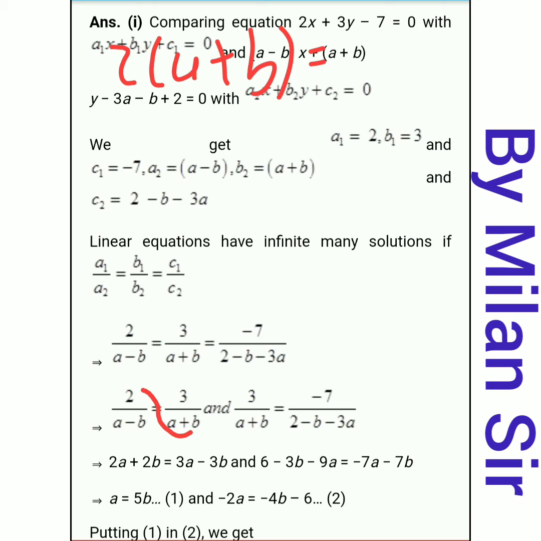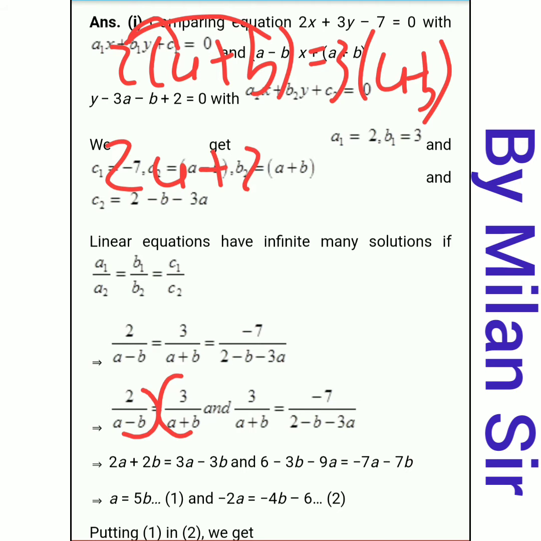Here we have more than one term, that's why I use brackets. Now multiply the 2 with this bracket, so 2a plus 2b. Similarly on the right-hand side, multiply the 3 with this bracket, so 3a plus 3b.